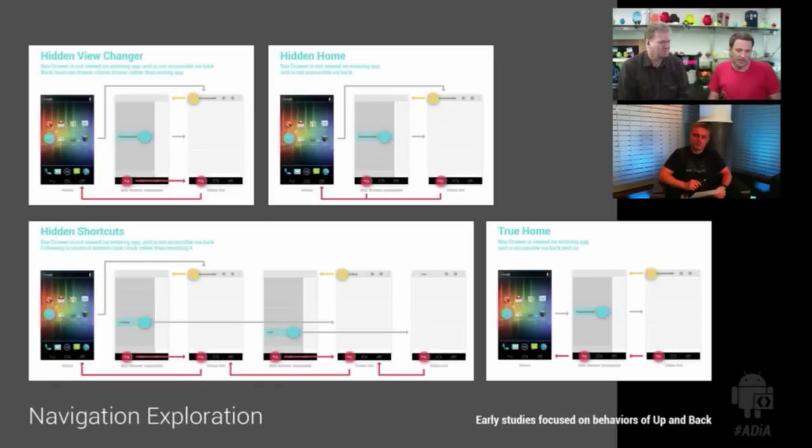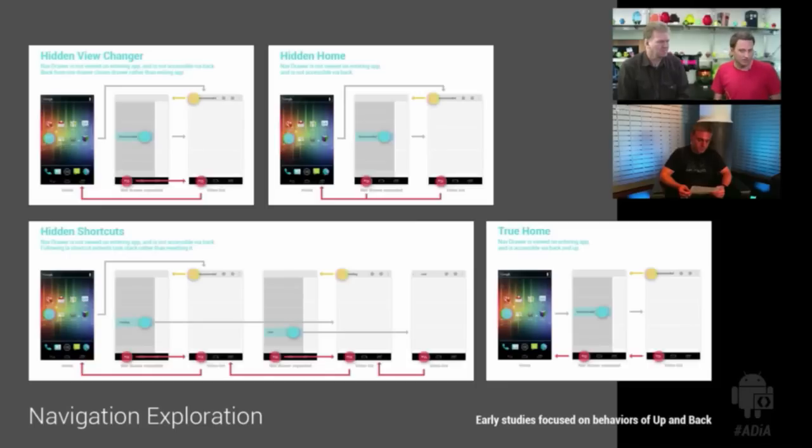And as we were looking at the navigation drawer, there were a lot of different ways we could have elected to have it behave in terms of its interaction with those two controls. It could have been that the drawer always presented itself the minute you launched an application and was logically a screen sitting above the other screens. Or it could have been something that was invoked by one of the affordances but not the other, that up would trigger it but not back.